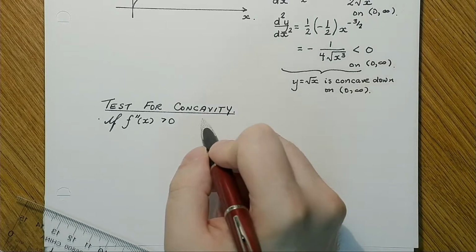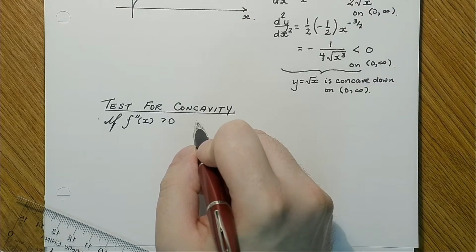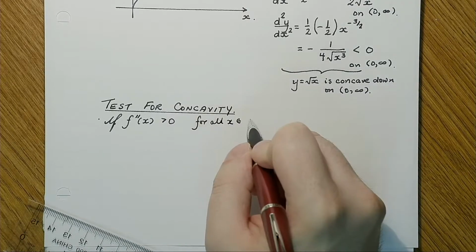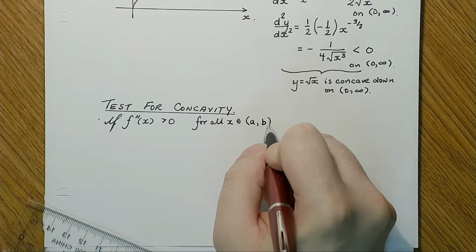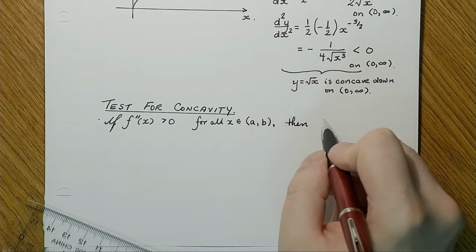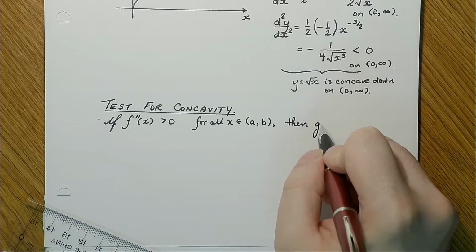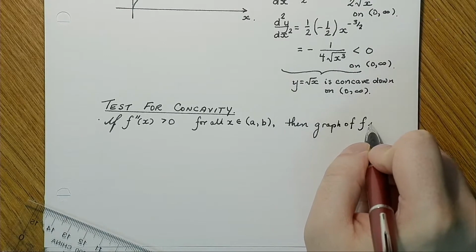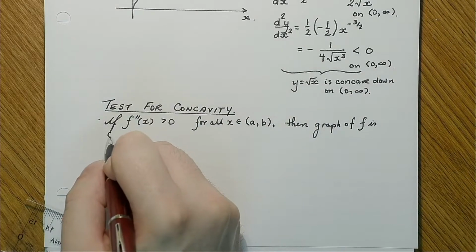If the second derivative is greater than 0 for all x on an interval, then the graph of f is concave up.